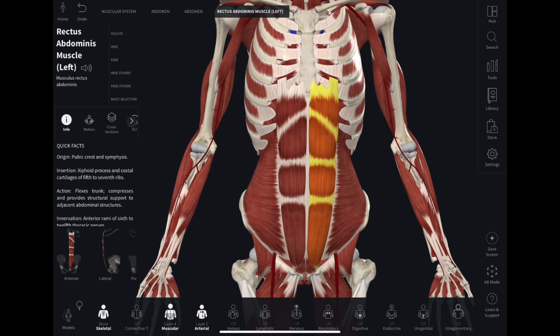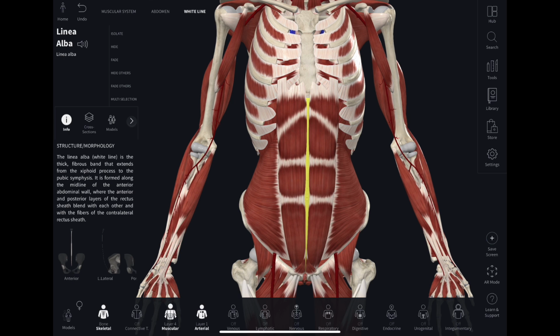One way that I remember how this muscle looks and its location would be by the linea alba. The word linea means line in Spanish, like linea. It is like a straight line that runs up and down.